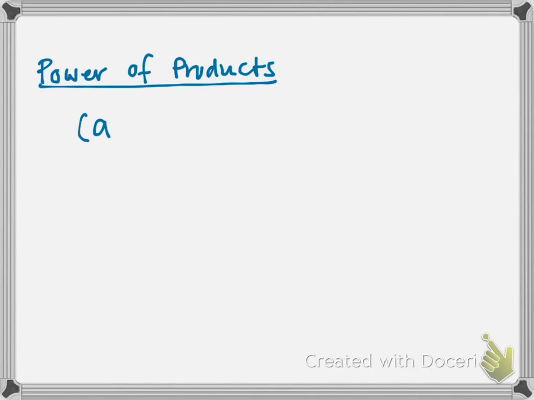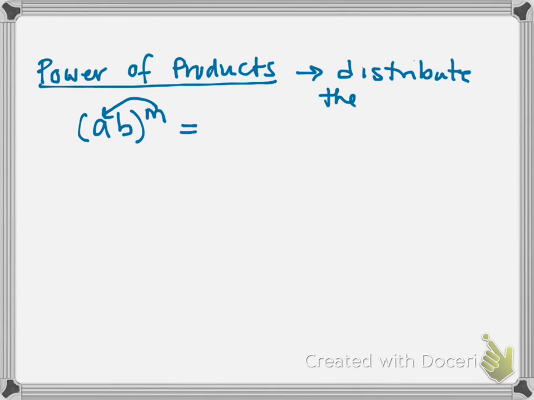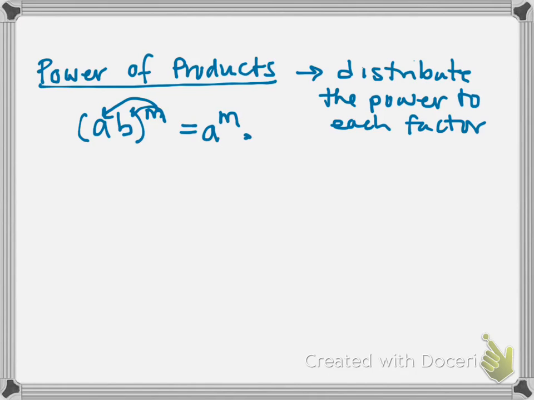If we have a product of two numbers and we're raising to a power, we said we're going to distribute the power to each factor. Remember, a factor is a number involved in a multiplication problem. So we would get a to the mth power times b to the mth power.